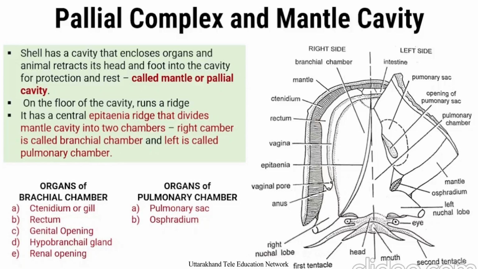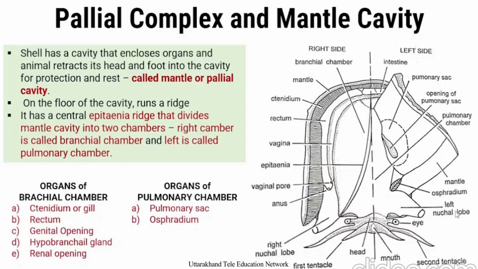And on the floor of this cavity, arising near the anterior edge of the right nuchal lobe, you can see here the nuchal lobe, runs a prominent ridge, the epitenia, which extends up to the extreme posterior end of the cavity.